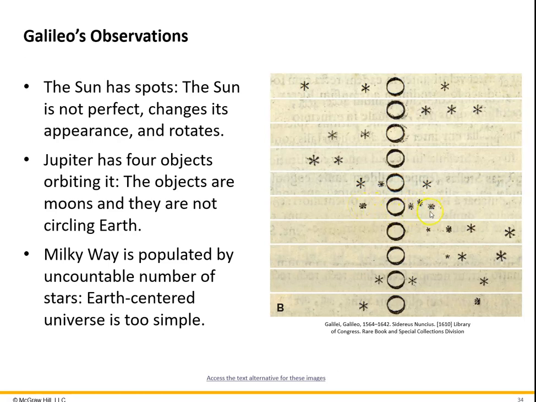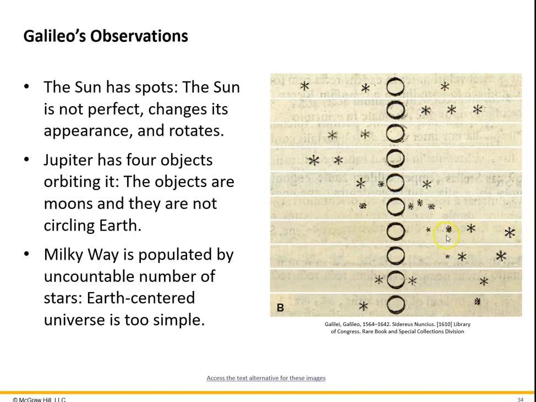So those are the 4, and nowadays they're called the Galilean moons. There are many other moons around Jupiter, but these are the first 4 that you could see even with a small pair of binoculars or even Galileo's primitive telescope: Io, Europa, Ganymede, and Callisto.